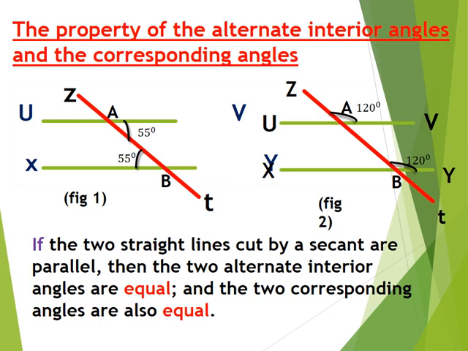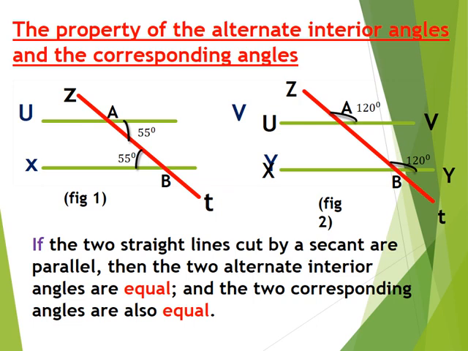For example, as we see in figure 1, the two green straight lines x and y are parallel. So the two alternate interior angles located at A and B are equal, and they are equal to 55 degrees in this case. They are equal because they are firstly alternate interior angles, and secondly because the two straight lines are parallel.